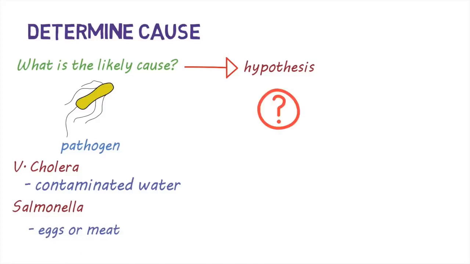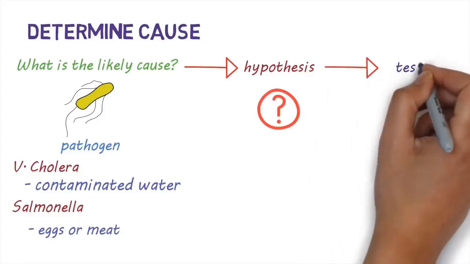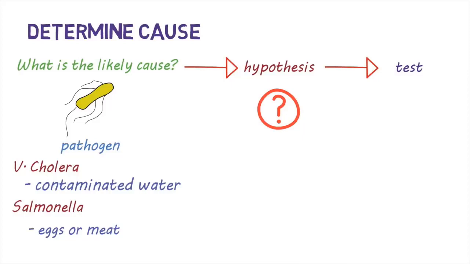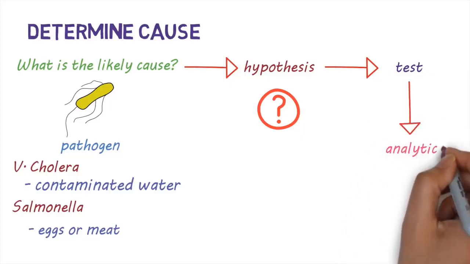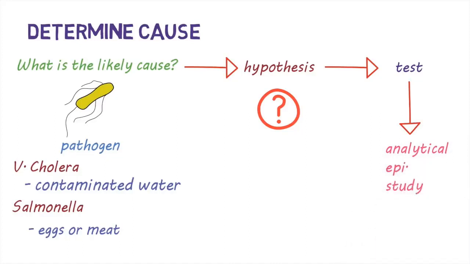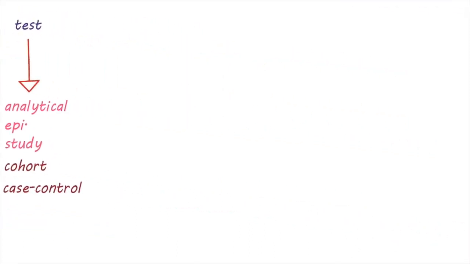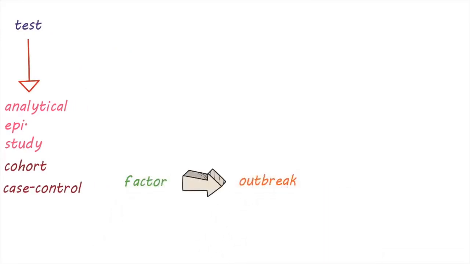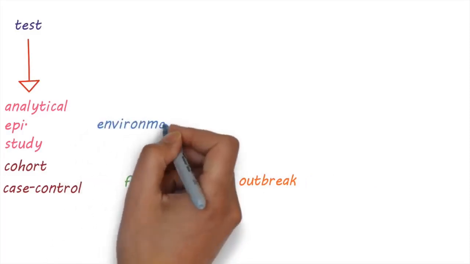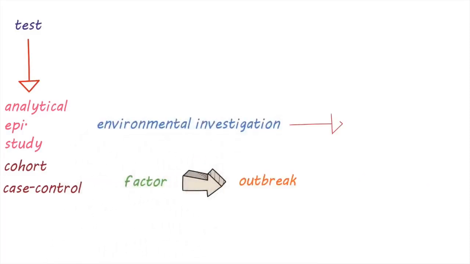If, however, it's not very clear, investigators need to test and confirm the hypothesis that was developed. This is usually done with an analytical epidemiological study. The two most commonly used types of analytical studies in outbreak investigations are cohort studies and case control studies. These studies can determine how likely it is that a certain factor is the cause of an outbreak. In addition to the analytical epidemiological studies, an environmental investigation can also help confirm the hypothesis.